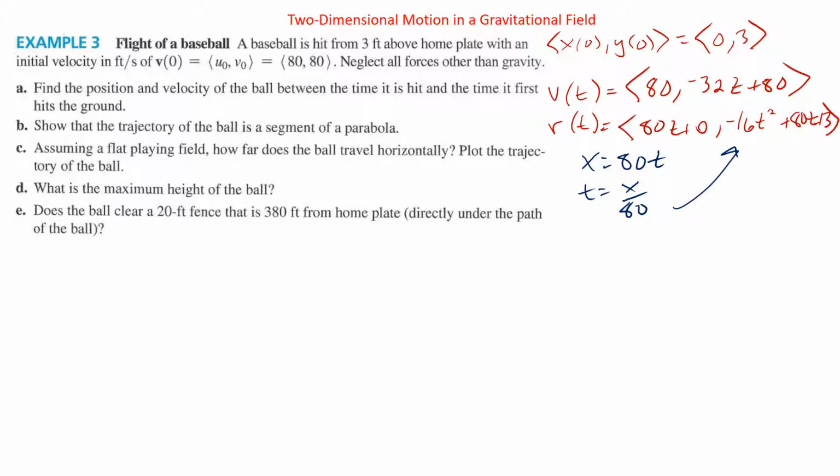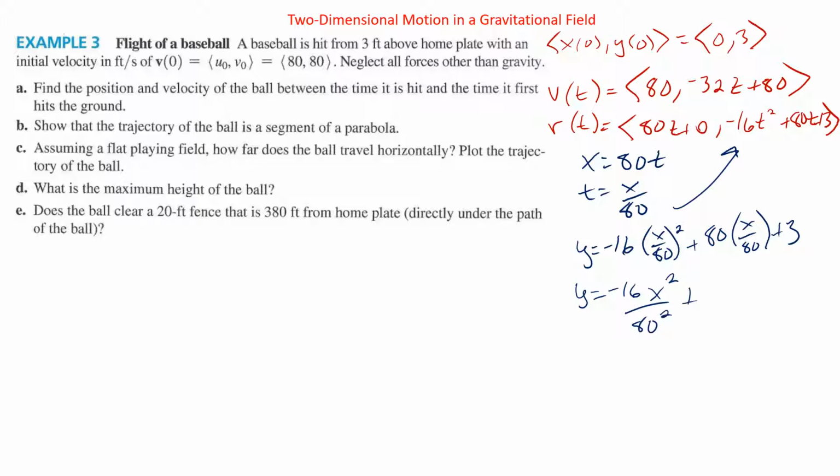We'll get y is negative 16 x over 80 squared plus 80 times x over 80 plus 3. That's going to be y equals negative 16 x squared over 80 squared plus 80 over 80, that's just x, plus 3. This is a parabola because we have x squared plus x plus a constant.